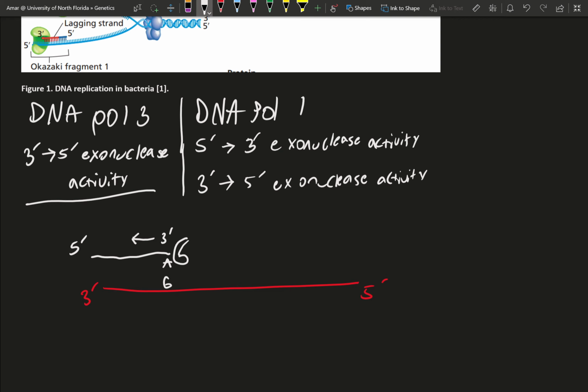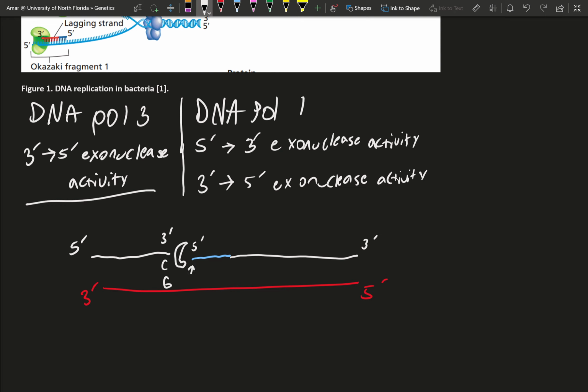And then you can use the exact same idea for the 5' to 3' exonuclease activity. Oops. Let's say that was a C. So let's say over here we have our RNA primers, and we're going to use this example for the lagging strand. If we have our RNA primers here, what we're staring at is essentially the phosphate group on the 5' end.